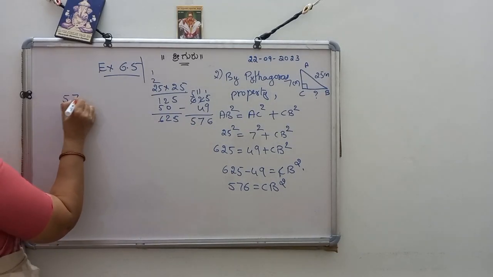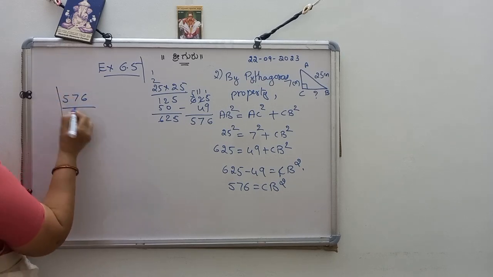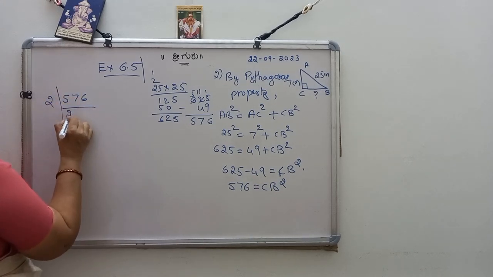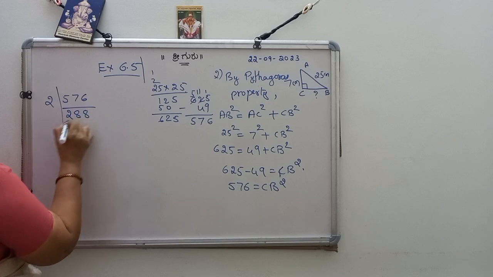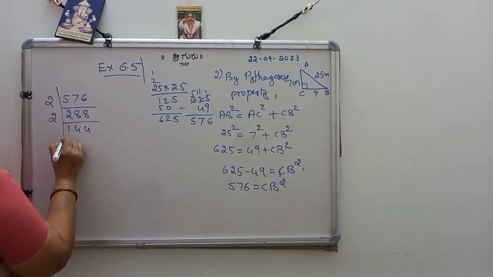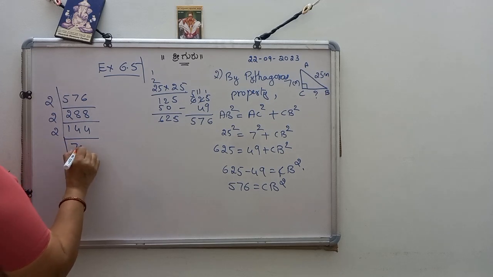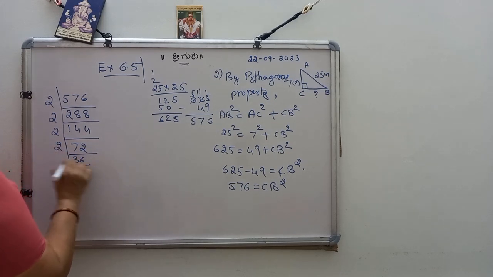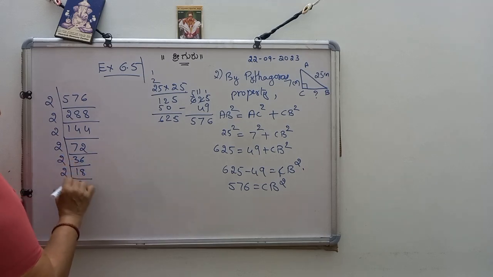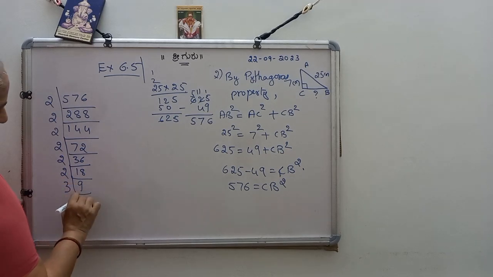So for 576: 2 2s are 4, 2 8s are 16, 2 8s are 16. Then 2 1s are 2, 2 4s are 8, 2 4s are 8. And we know that 144 is 12 into 12. Or we can further factorize with 2 only. 2 3s are 6, 2 6s are 12, 2 9s are 18, 3 3s are 9, 3 1s are 3.